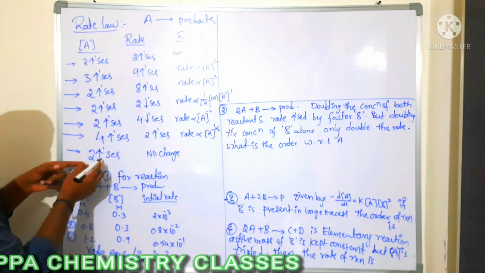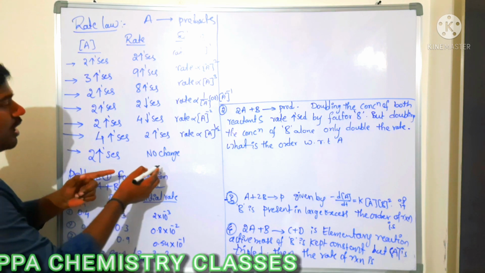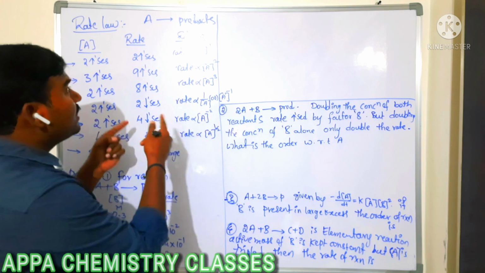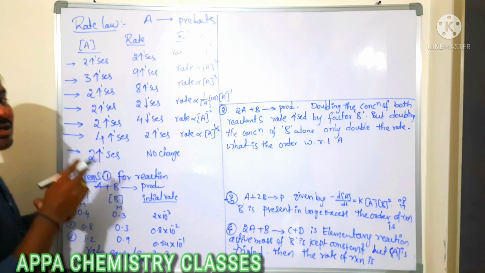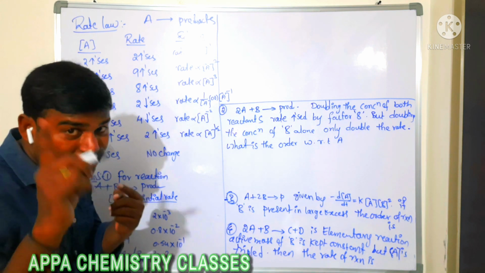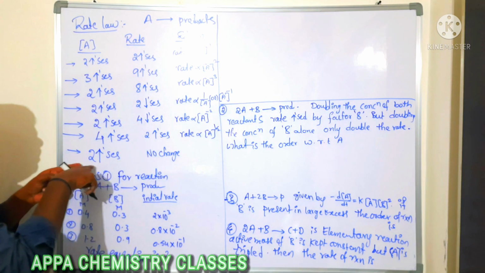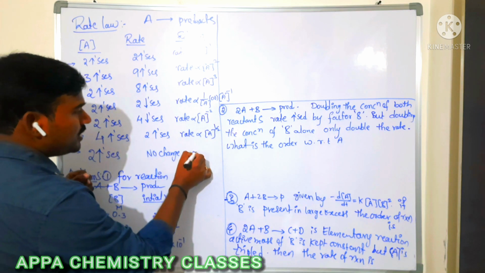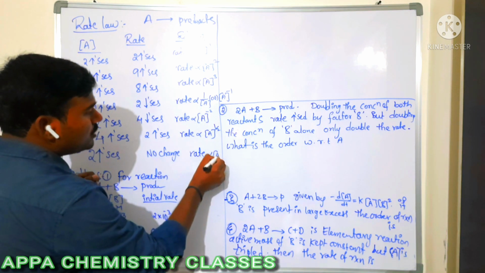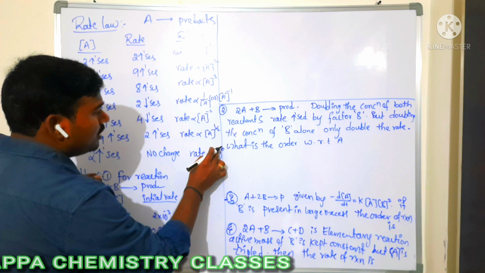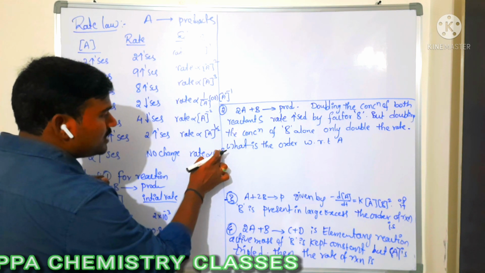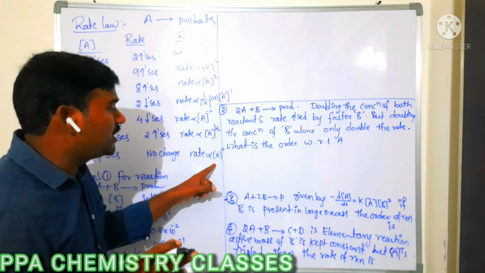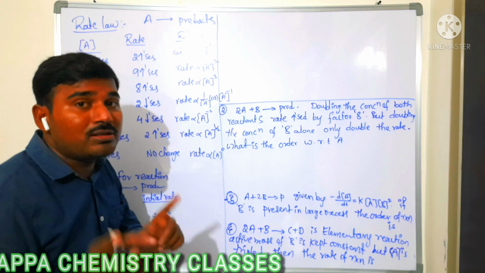So if reactant is increased 2 times or 10 times, and there is no change in the rate, which means that the rate of reaction does not depend on the concentration of reactant. That is the case of zero order. Then rate is directly proportional to active mass power 0, which does not indicate that there are no reactant molecules, but indicates that rate is independent of the concentration of reactant.